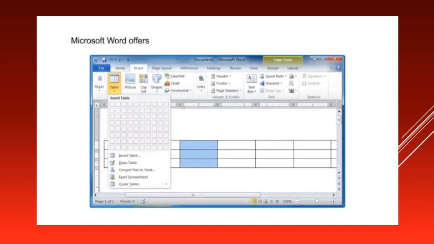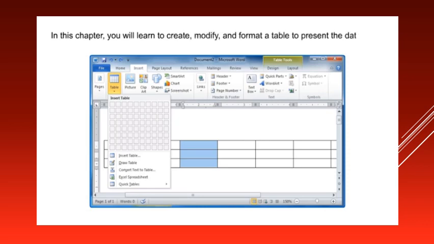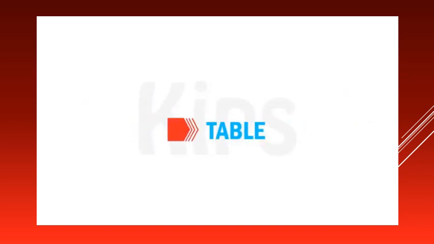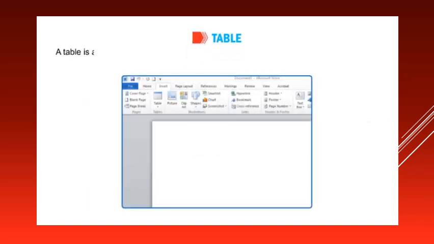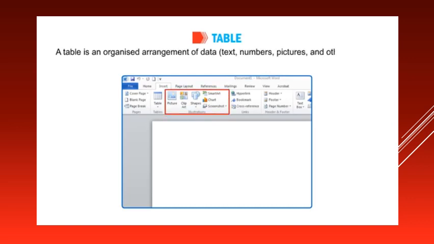Microsoft Word offers a flexible feature of presenting information in a tabular form. In this chapter you will learn to create, modify and format a table to present the data in an effective manner. Let us start with a table. A table is an organized arrangement of data, text, numbers, pictures and other objects, which consists of a number of rows and columns.